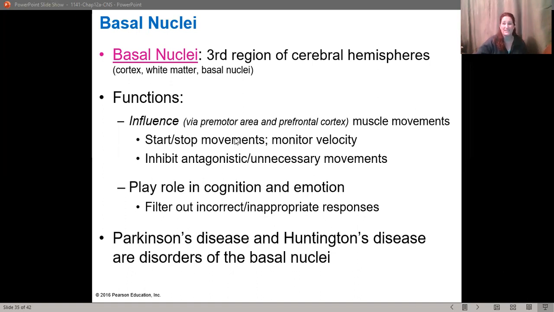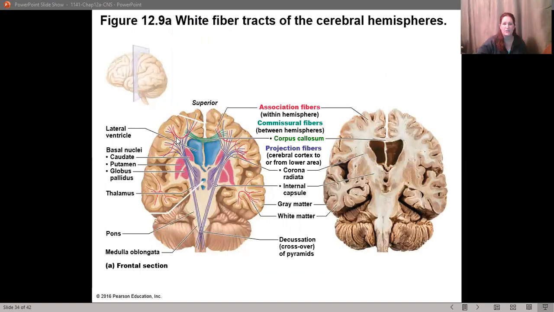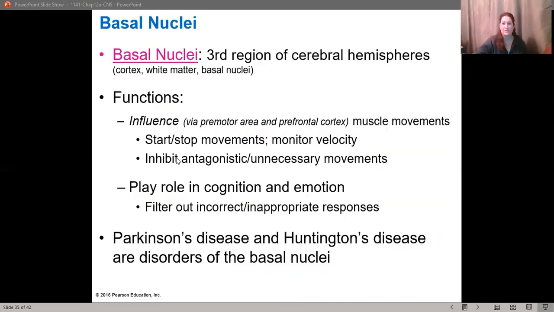So if you are thinking of saying something to a classmate or to your friend, and your mom walks in, your basal nuclei might stop what you're saying because you're like, oh, I can't say that with that person there.